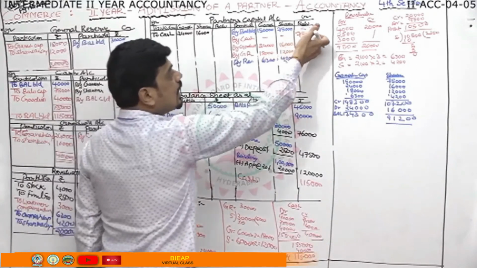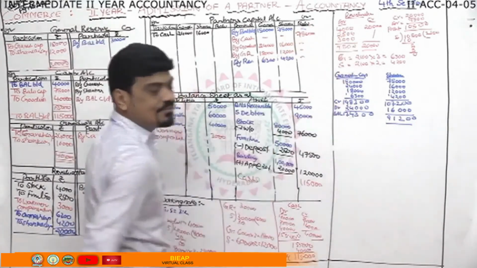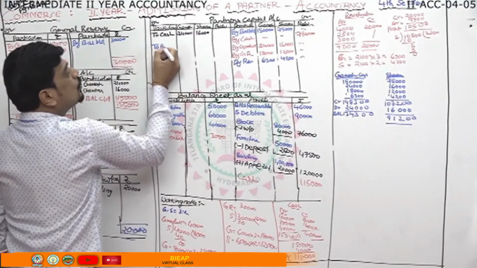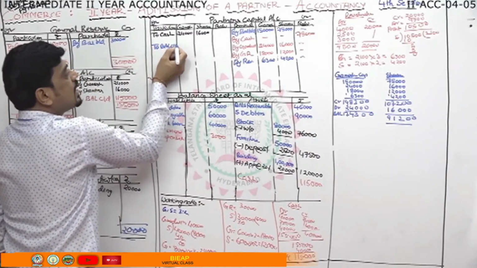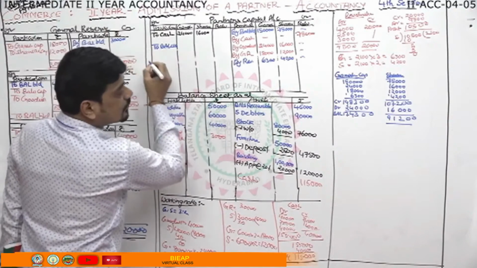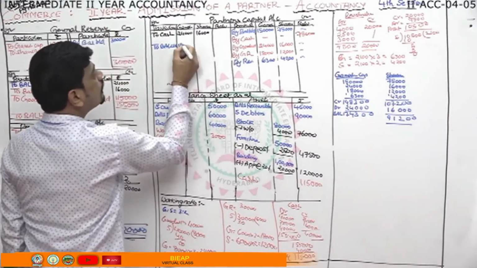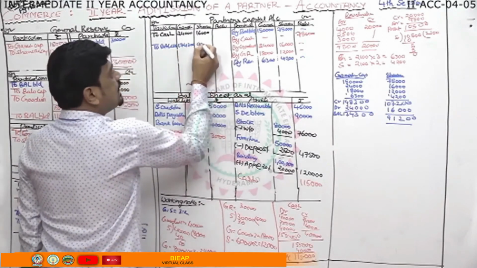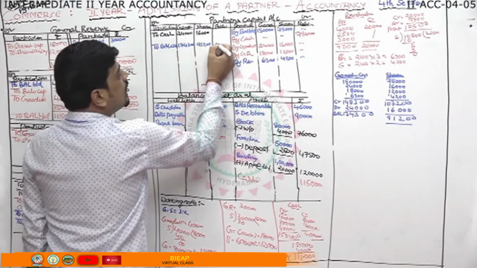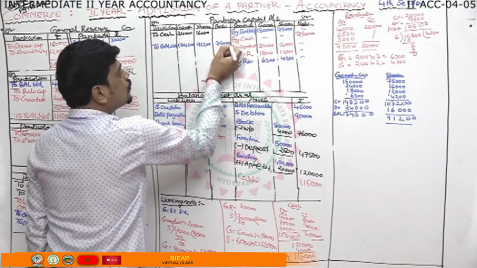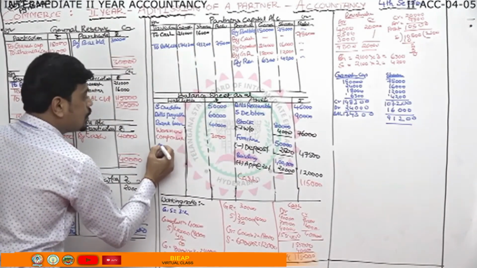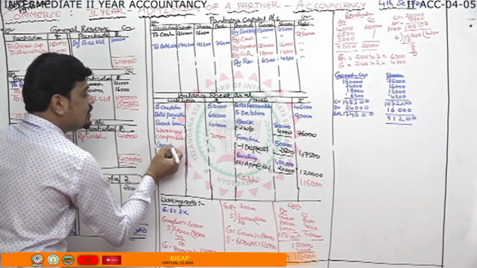And of course, new partner Balu is 75,000, nothing to worry. So here, balance carried down carefully. 1,74,300, 91,200 and 75,000. Dear students, this balance should be posted in the balance sheet. So new Ganesh capital.